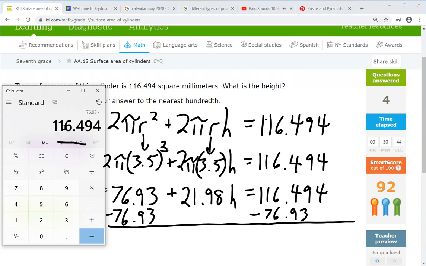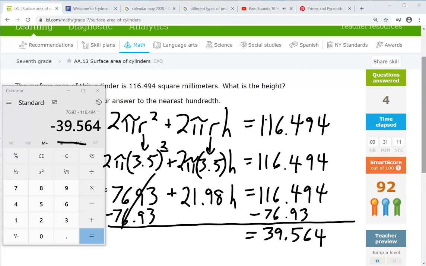Well, yeah, that's true, so I didn't technically put it incorrectly, but I know that this is just going to give me the same absolute value, it's just going to be negative. So when I hit equals here, it's going to give me a negative answer, but I can just ignore that, and I can put over here 39.564. Okay, and so that cancels.